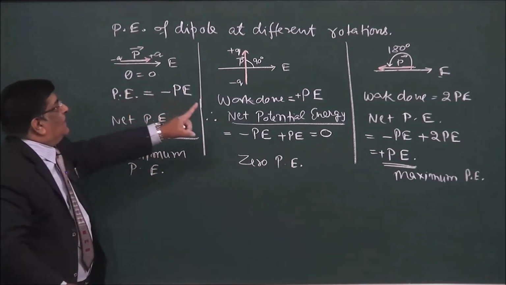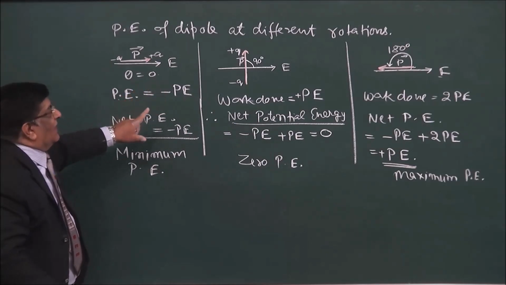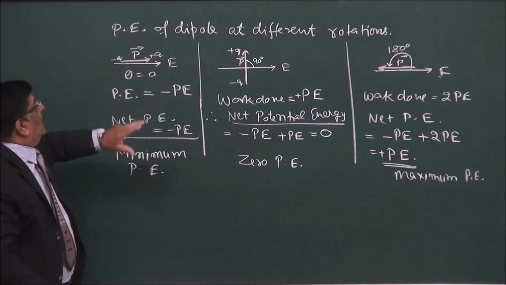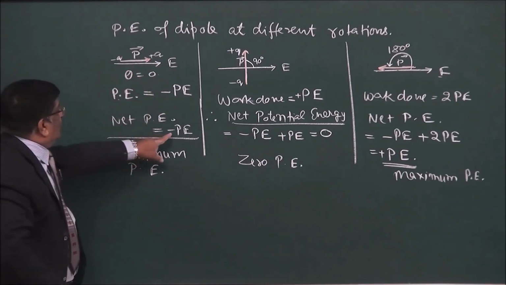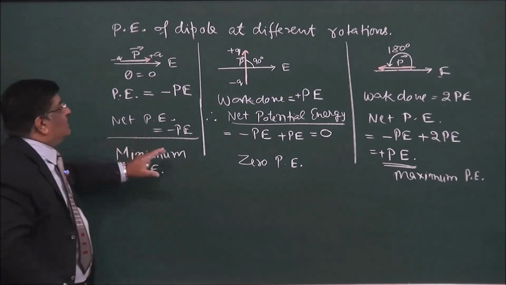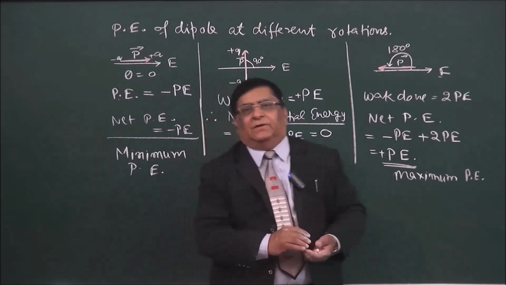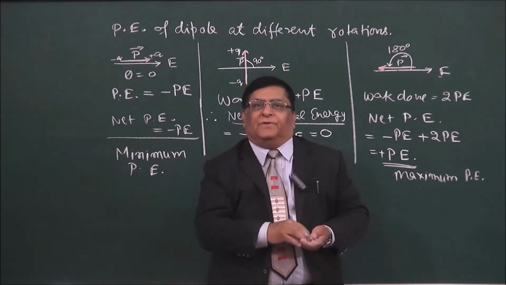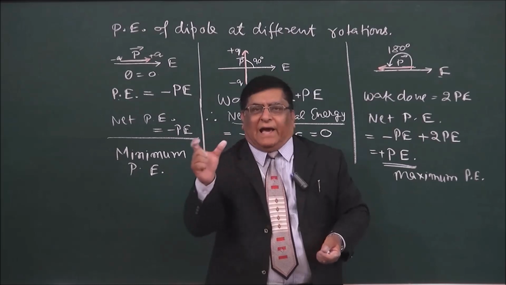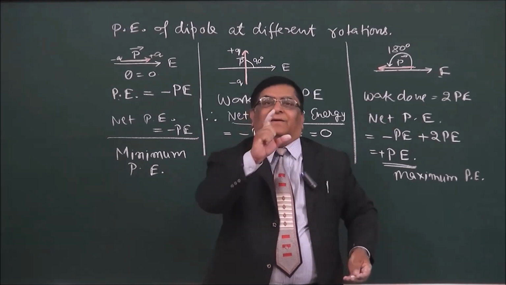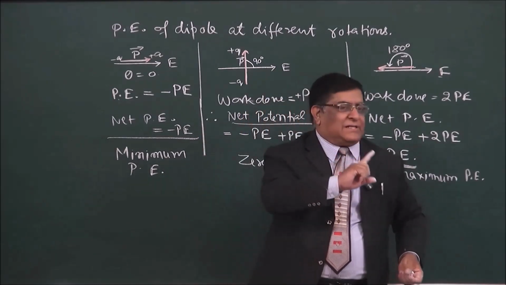So this is the calculation of potential energy for different rotations, and in equilibrium the potential energy is minus PE, which is minimum potential energy. So we have studied today the different situations of different characteristics when a dipole is kept in an external electric field.